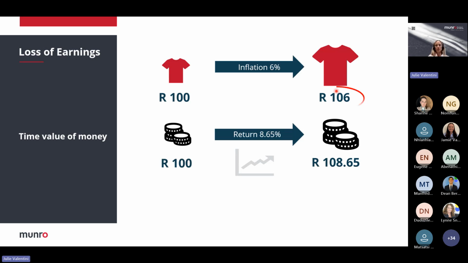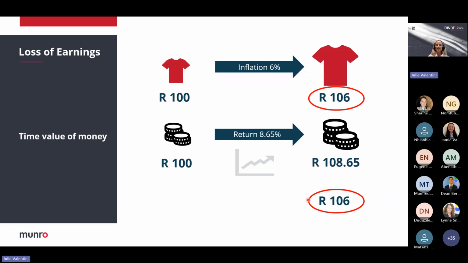So we didn't actually need to invest the full 100 Rand now to pay for the T-shirt. So if we want to work out how much we need to invest to get to the 106 Rand next year, we actually do the opposite of what we did here in the calculation. And we refer to it as discounting. You might have heard us use that term if we've discussed these issues with you.